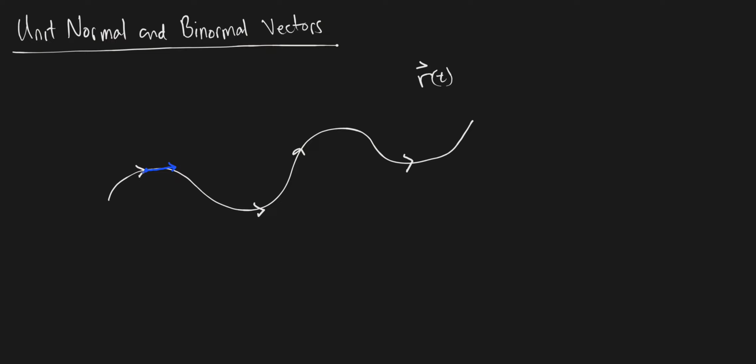So it is called, in fact, I'll put the word unit in there, the unit binormal vector, right? And you could probably figure out why we put the prefix bi, right? So this third vector is orthogonal to the previous two vectors. So that's why we use the prefix bi.